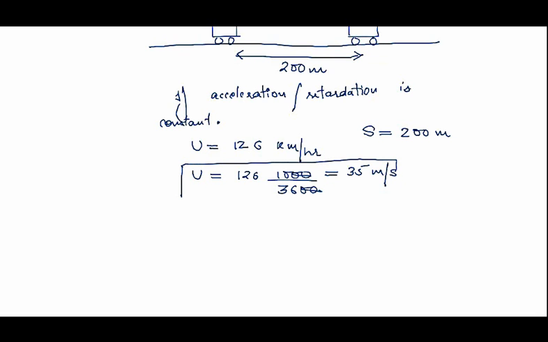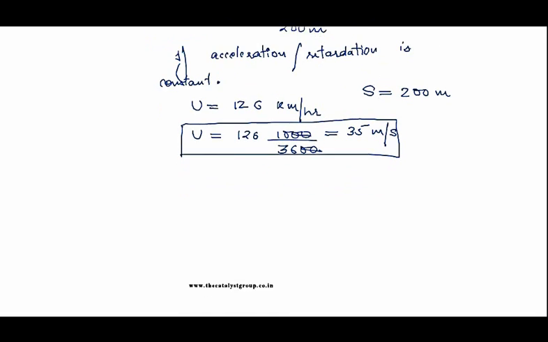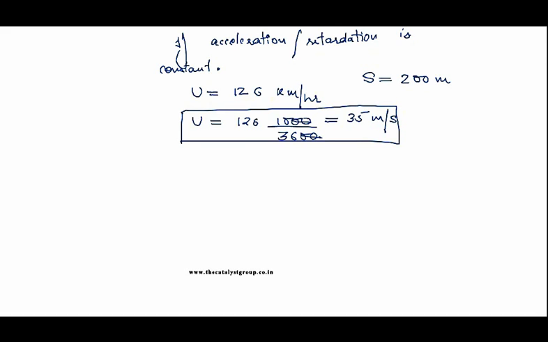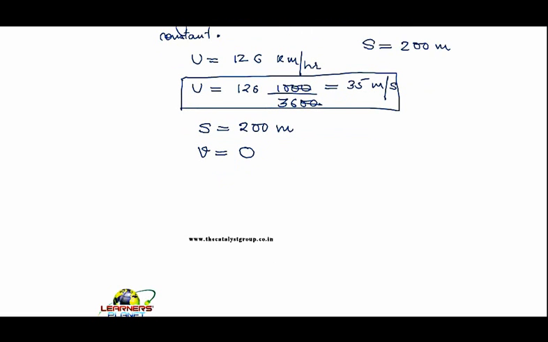So this car is moving with an initial velocity of 35 meter per second, while the distance it travels before coming to rest is 200 meter. And finally when it comes to rest, its final velocity will be 0. Is it clear?